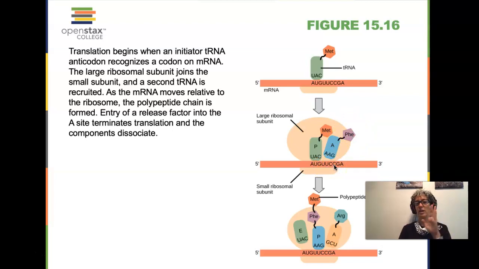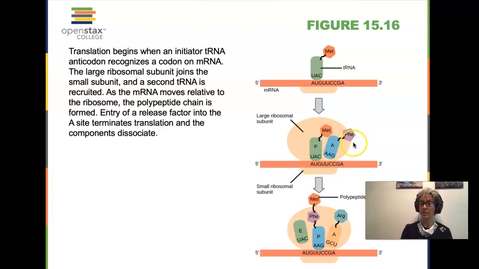Now we've got a tRNA in the P site, we've got a tRNA in the A site. Now we can forge a peptide bond between the methionine and the phenylalanine. This was the first amino acid specified by the first codon.